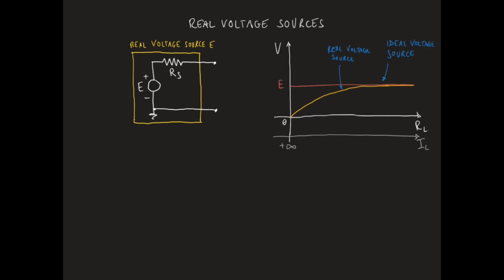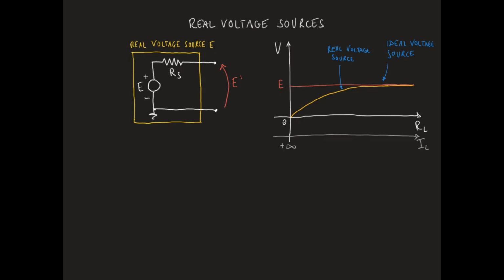The resistor RS in the real voltage source serves the purpose of modeling the behavior described by the yellow curve in the plot. Let us verify that this model can actually reproduce that behavior. Let us call E prime the voltage between the two output nodes of the real voltage source.